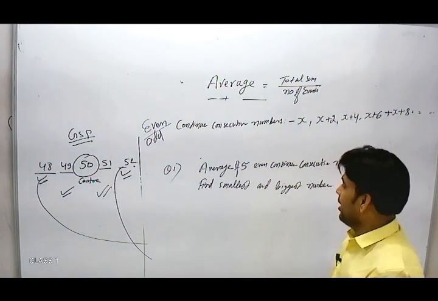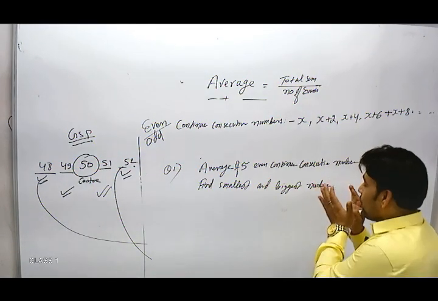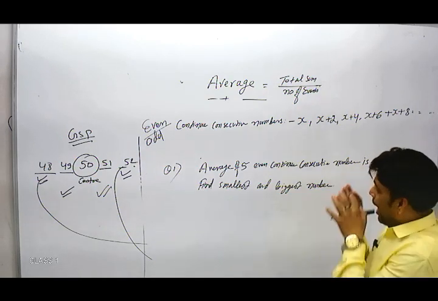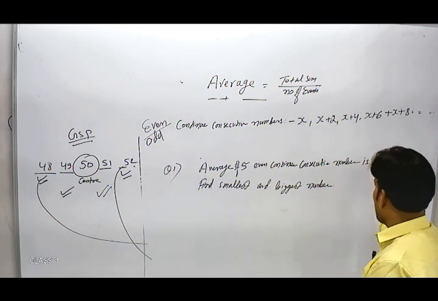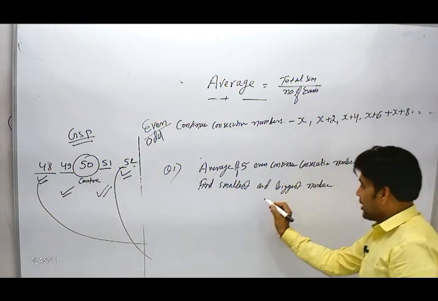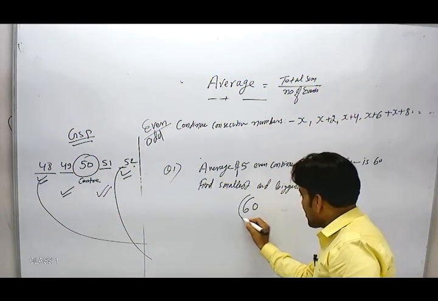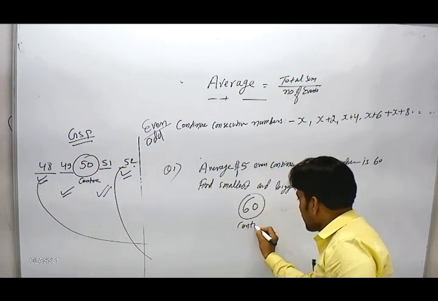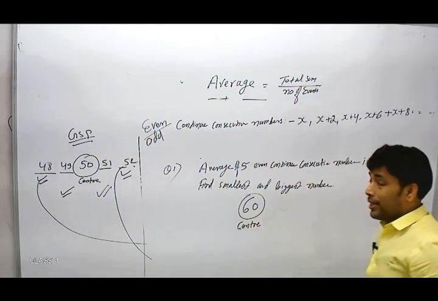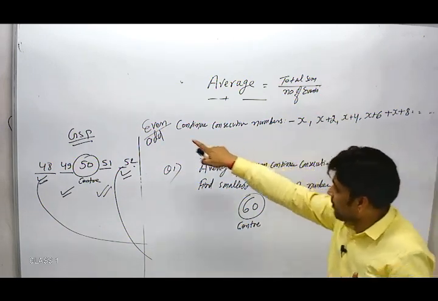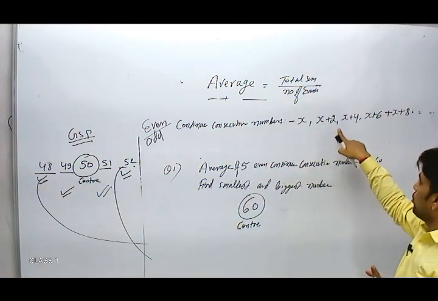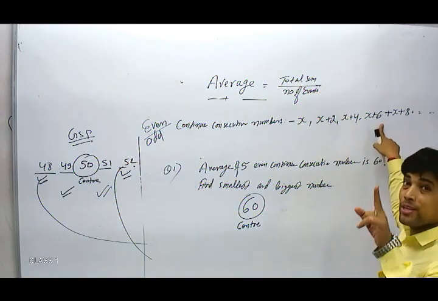How? Let's start. I told you the relation between consecutive numbers and average: the average always keeps in the center. The average here is 60, so you take 60 in the center. Now, how many numbers? 5. And I told you that for even and odd we start with plus 2, plus 2, not plus 1, plus 1.